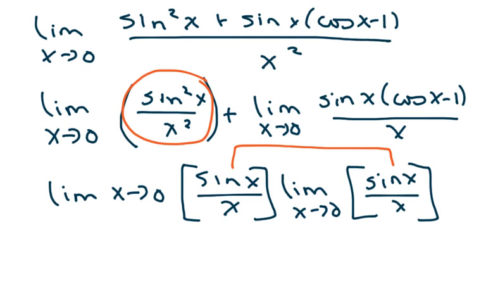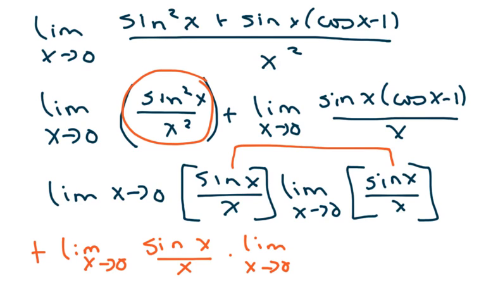Okay? Now we're going to add the limit as x approaches 0, and I'm going to break this one down to sine of x over x times the limit as x approaches 0 of cosine x minus 1 over x. Just over x, yeah. So basically, when you break this down, this is x squared, sorry.